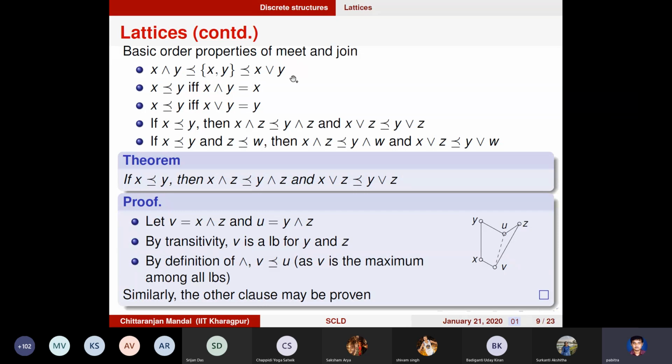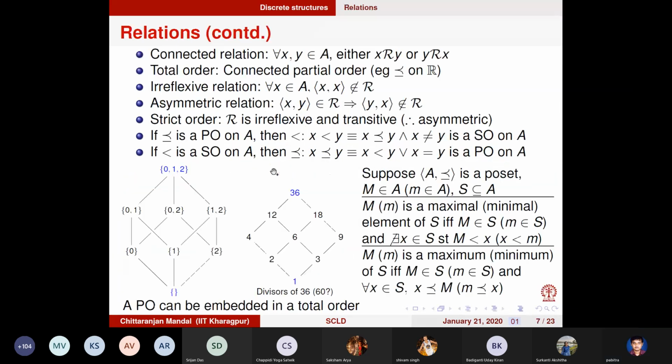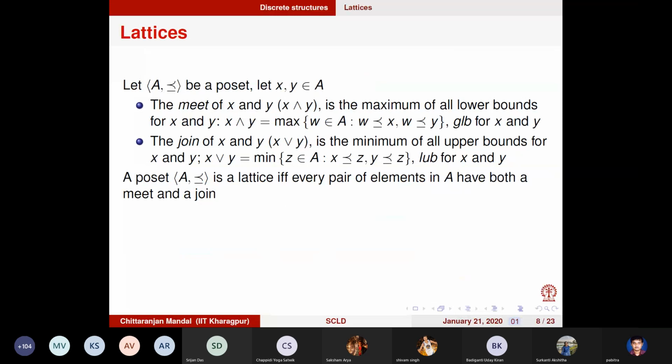Is there some ordering relation between them? We see that by definition, actually, wait, let me correct the definition. Okay, so this is the meet. Meet is the greatest lower bound, and join is the least upper bound.